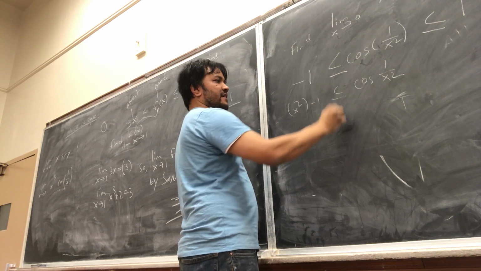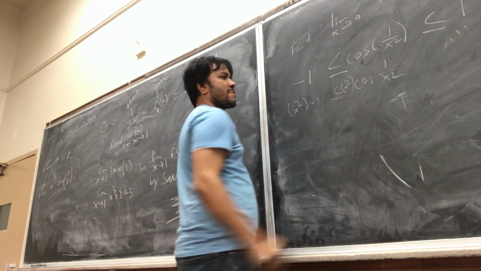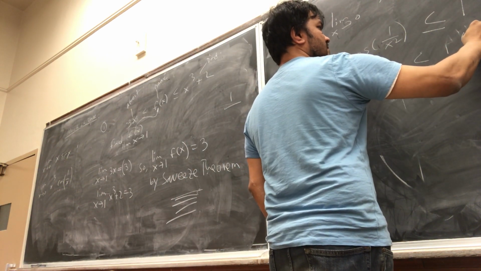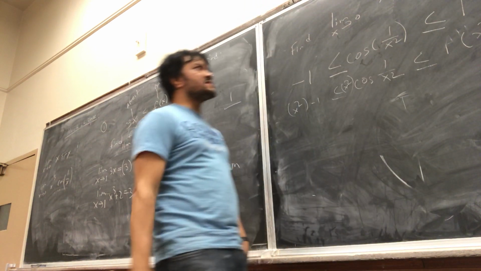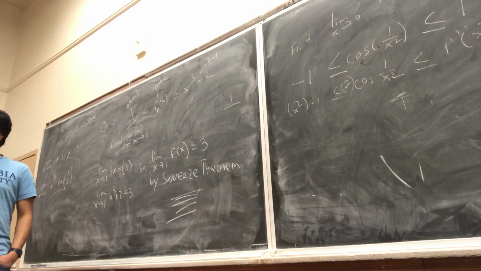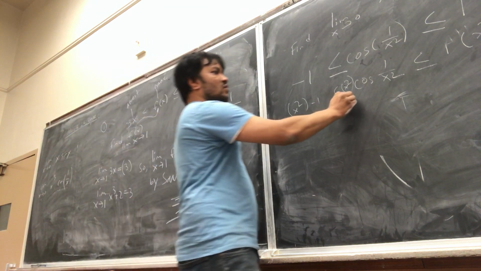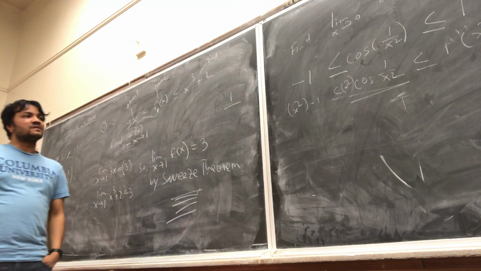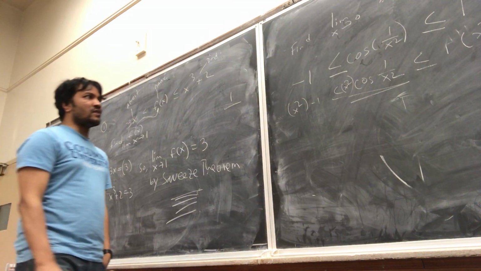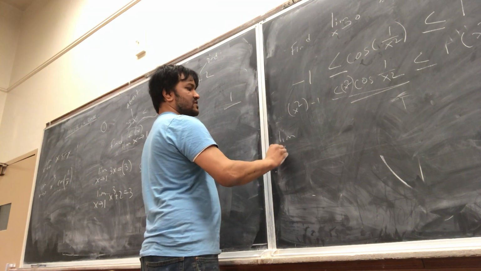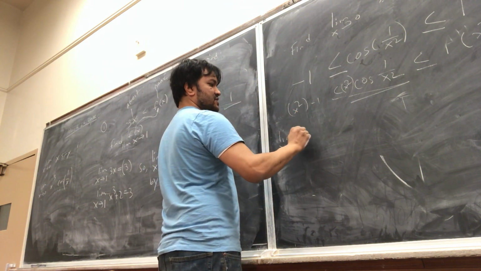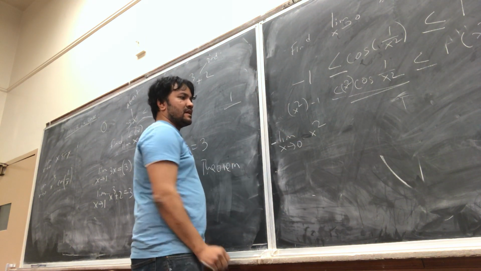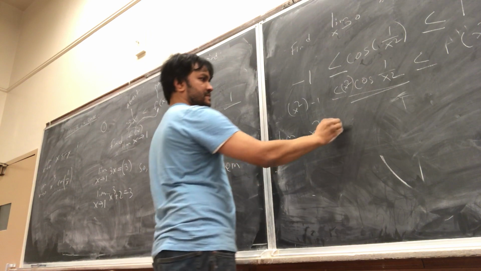We have to write x squared here again. Why is x squared an interesting quantity for us? Because now the middle guy looks like the function that I gave you. So now you take the limit as x goes to 0 of negative x squared, which is 0.